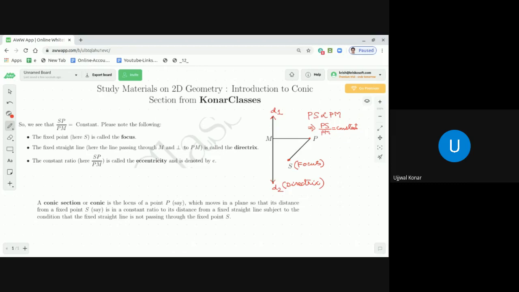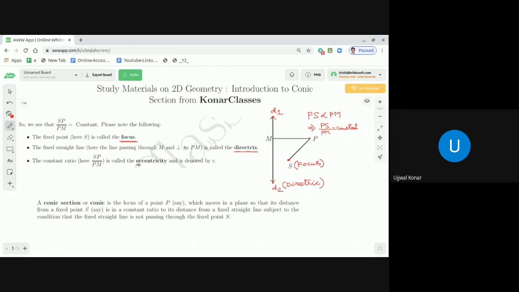The fixed point is called the focus, the fixed straight line is called the directrix, and the ratio of the distance of the variable point from the fixed point to that from the fixed straight line, SP by PM, is called the eccentricity.